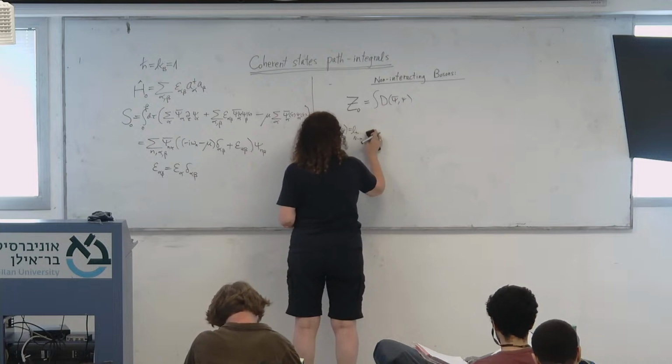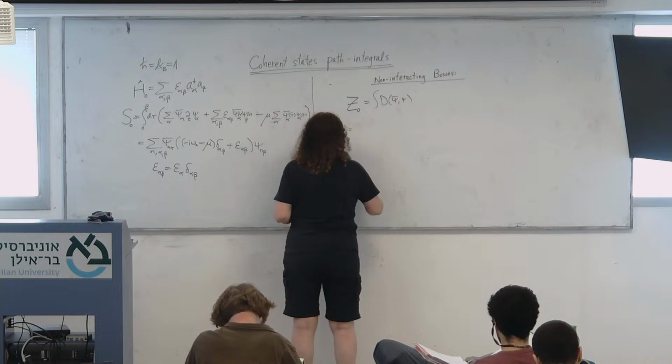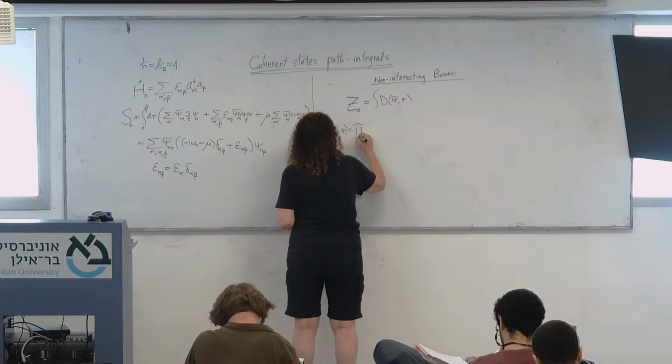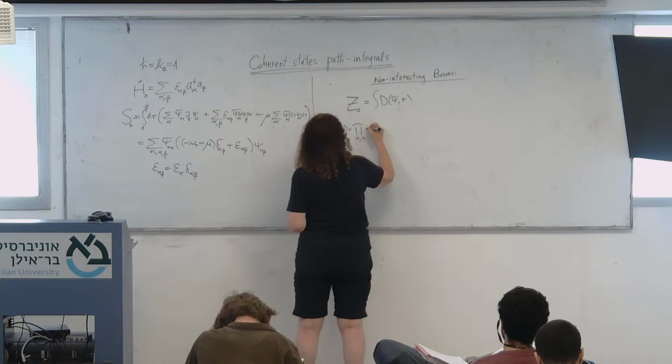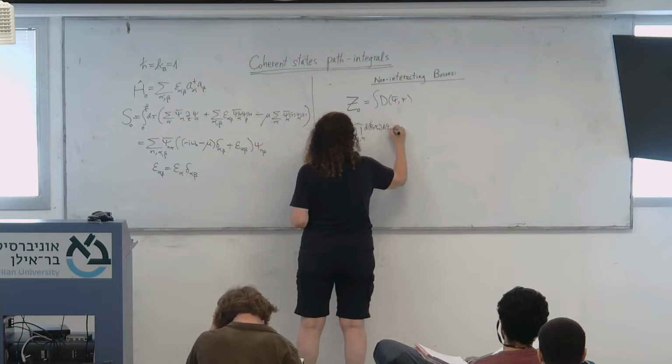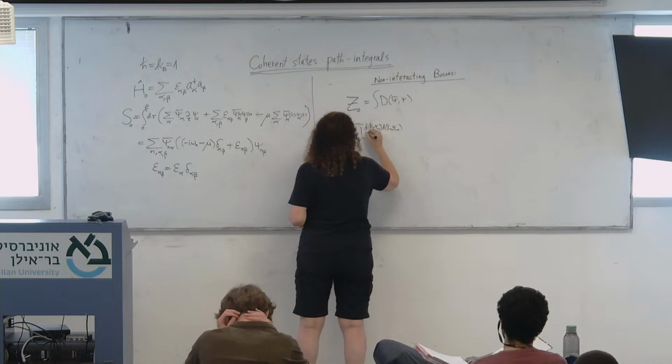actually no, let me write it in a much simpler way. It's a product over n and alpha of d real psi n alpha, d imaginary of psi n alpha, over pi and beta.